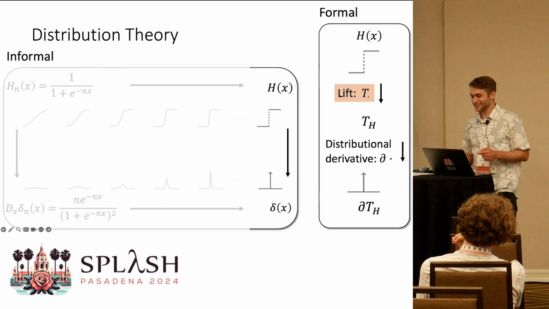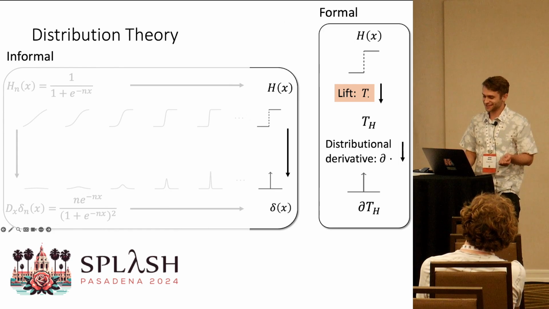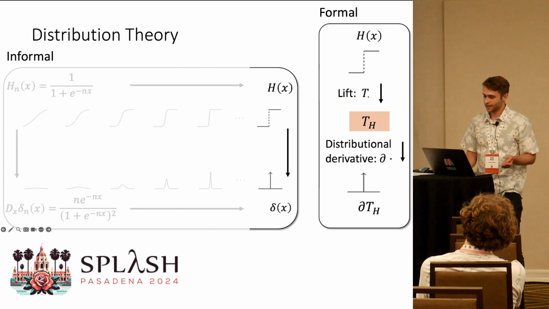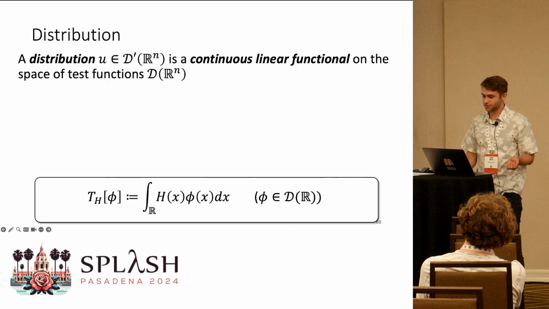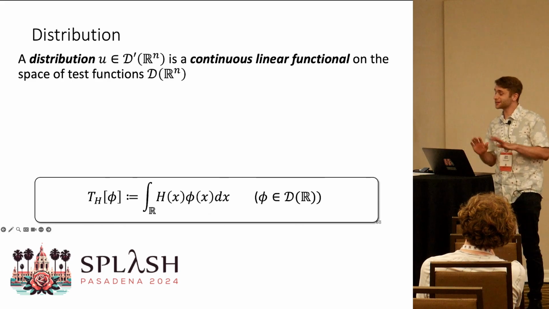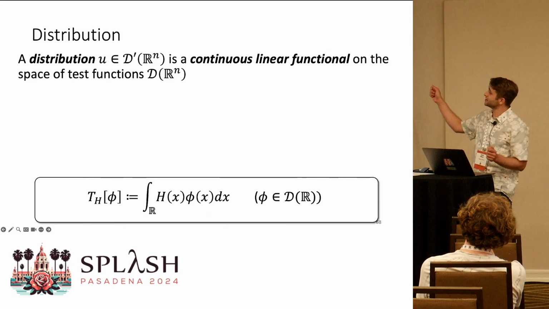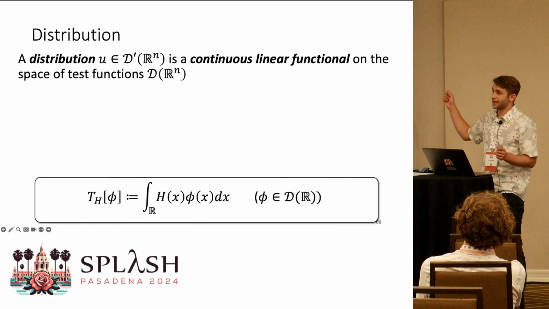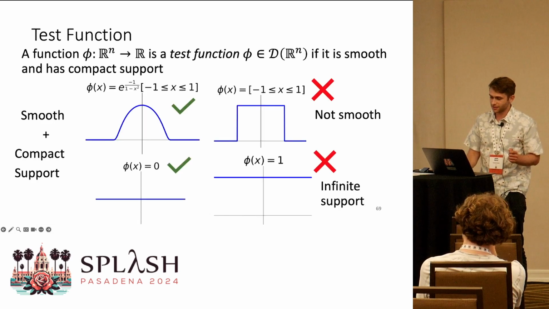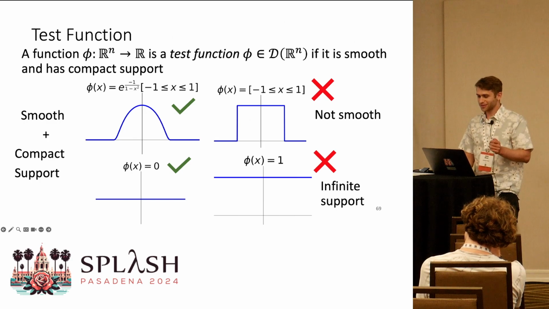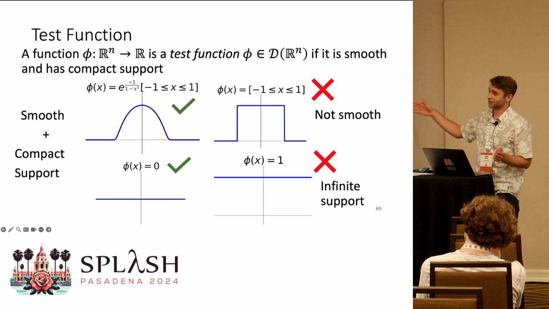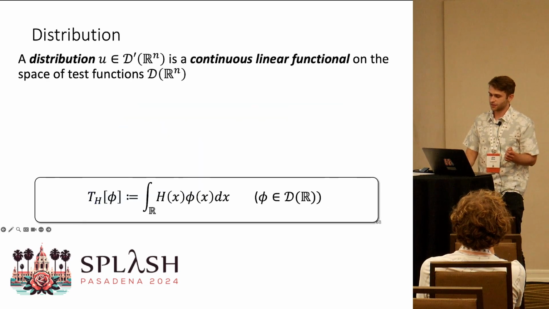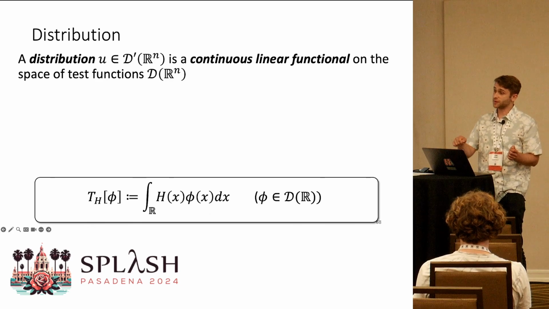We discussed how to lift a function to a distribution. And so what is a distribution? And why is T sub h a distribution? Well, I'm not going to go into too much detail here, but it's a continuous linear functional. And the main thing, well, quickly, a test function is a smooth function with compact support, right? So its distributions are over the space of test functions.